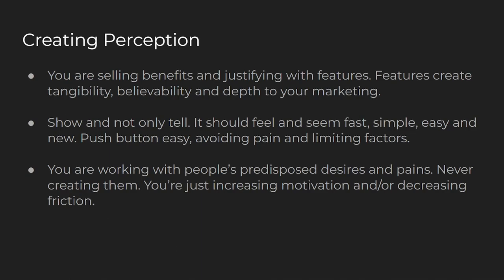Features simply create tangibility, they create believability, and they add depth to your marketing, which is why a product is so important, because a product without any features, without any depth to it, will mean that your marketing will have no depth, because it's very hard to market a product with no features. But the core thing we're trying to do is sell benefits, and then we tie the product into it.